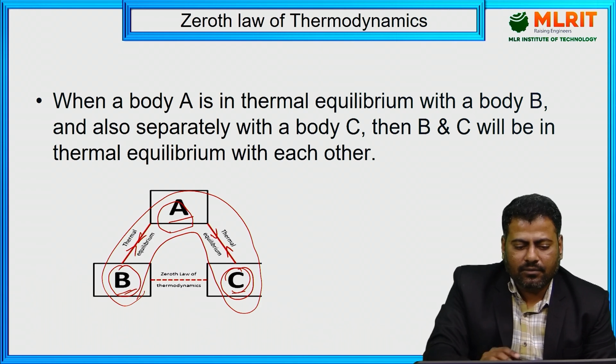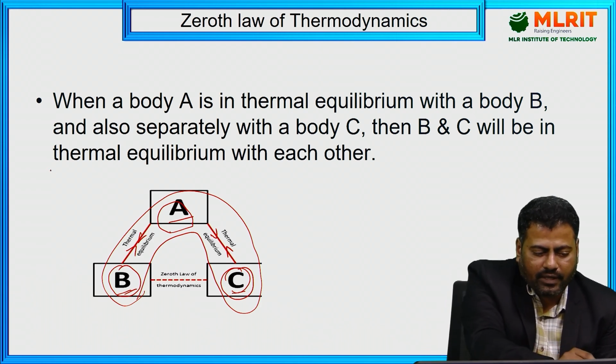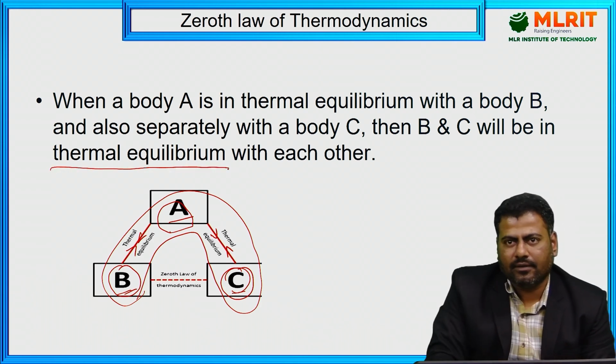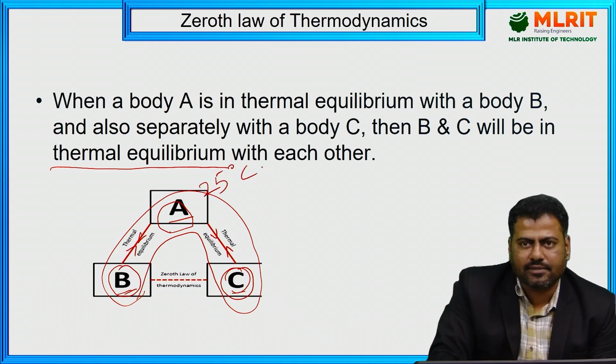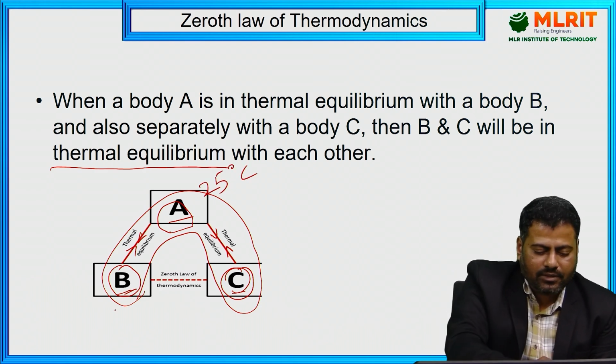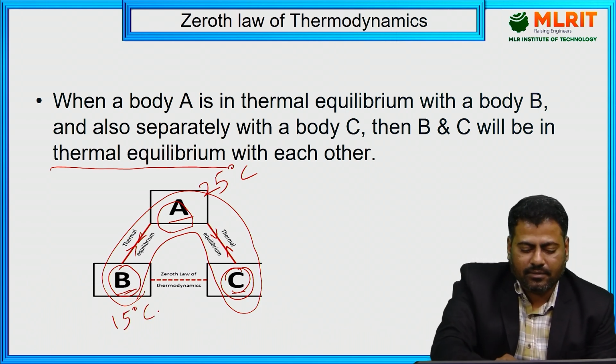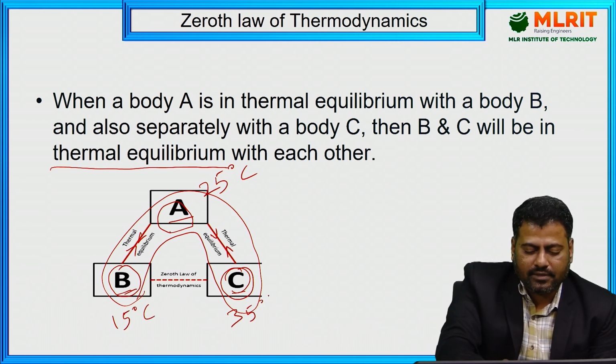So, this explains thermal equilibrium. For example, we can consider temperature. Let system A be 25 degrees Celsius, system B around 15 degrees Celsius, and system C 35 degrees Celsius.